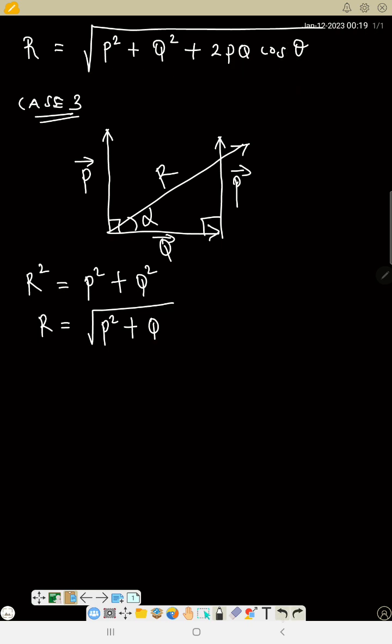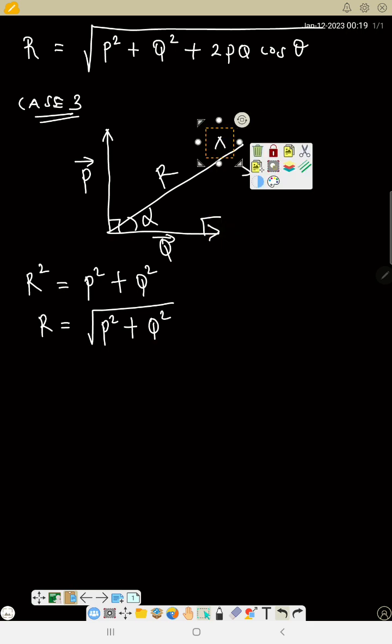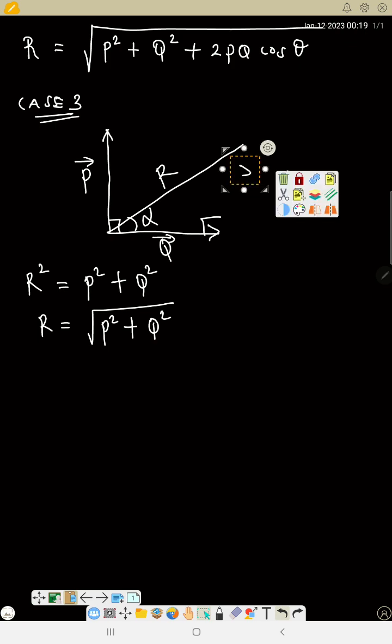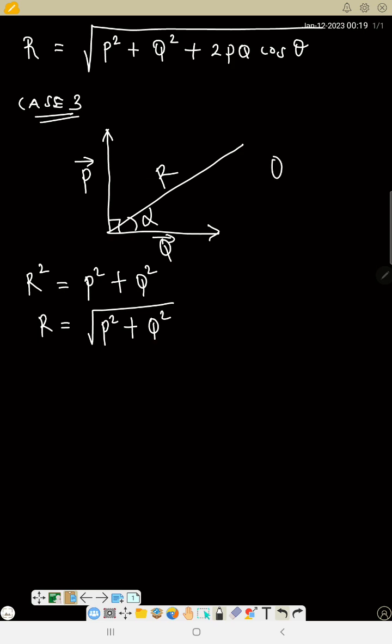So if two vectors are perpendicular or at right angle to each other, that means theta is equal to 90 degrees, and if theta is 90, their resultant is this.